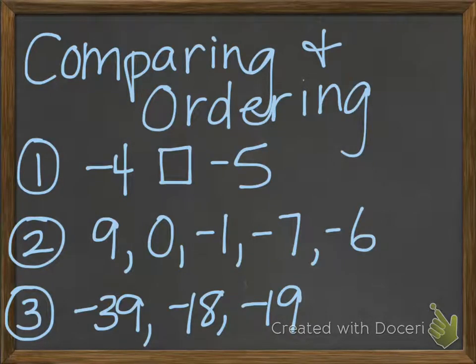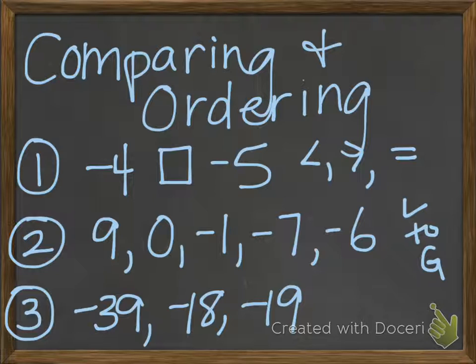Now let's compare and order numbers, integers. Number 1 is pretty simple. Negative 4, negative 5. You need to use either less than, greater than, or equal to. This is just like one of the warm-up problems we had. Number 2, we have 9, 0, negative 1, negative 7, negative 6. You need to put these in order from least to greatest.